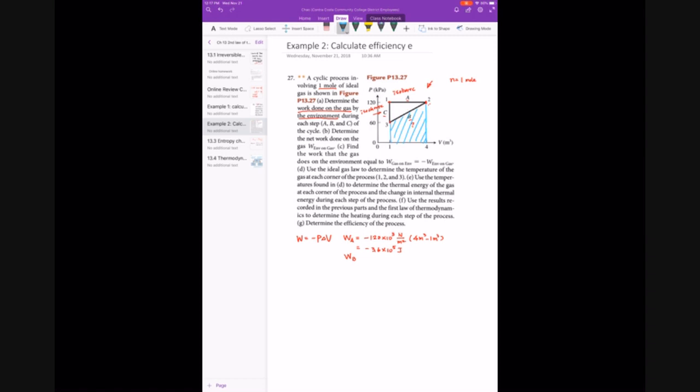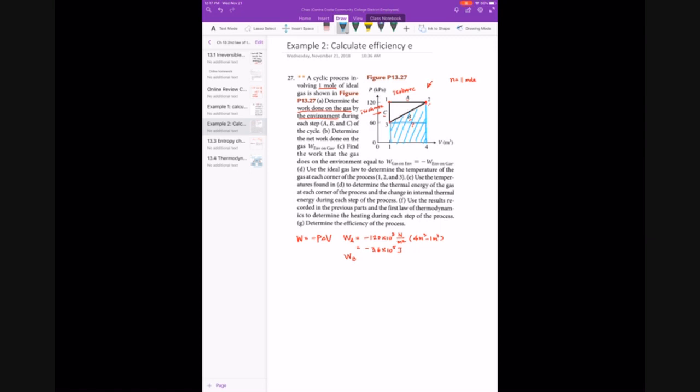You can calculate the area by trapezoid, or you can divide this into two shapes. This is probably easier if you don't know the formula of the trapezoid. If you divide this, then you have a rectangle and a triangle, and then you know how to do the calculation.